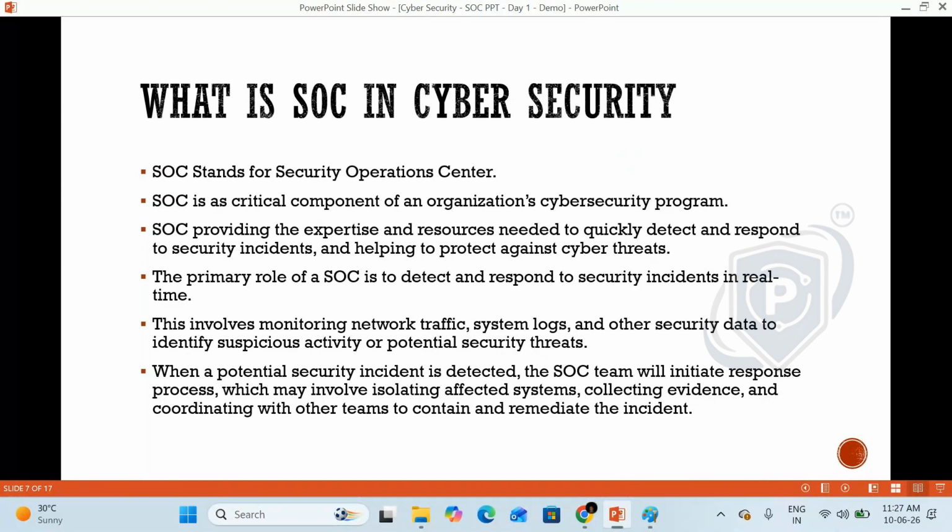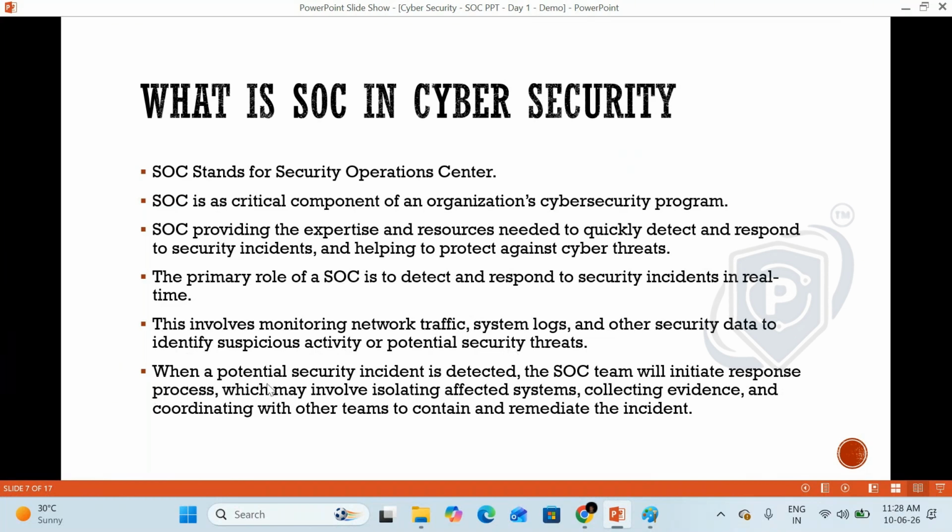The primary role of SOC is to detect and respond to security incidents in real time. It involves advanced monitoring of network traffic, system logs, and other security data to identify suspicious activities or potential security threats.